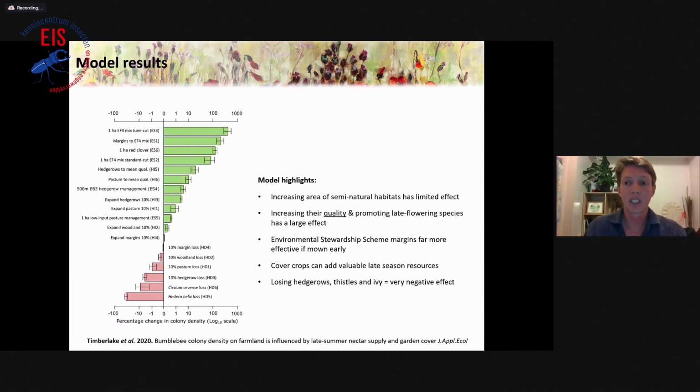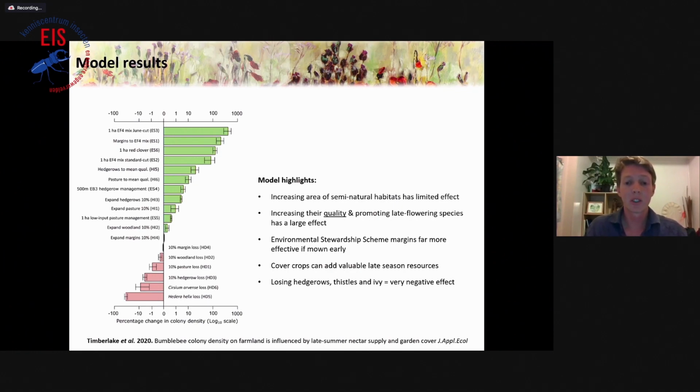But increasing their quality by promoting late flowering species did have much more of an effect and substantially increased colony density. We found that environmental stewardship scheme flowering margins, the pollen and nectar mixes, were effective at increasing late summer nectar resources and colony density, but were far more effective if mown early and in multiple phases to extend flowering later into September, to delay that phase of flowering.